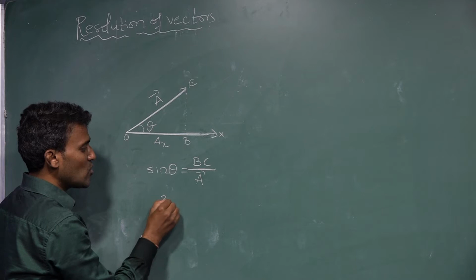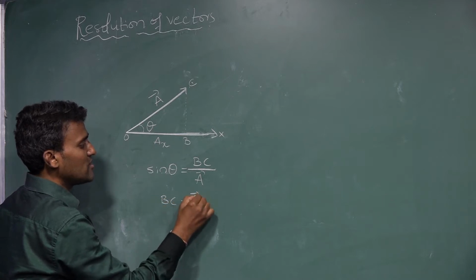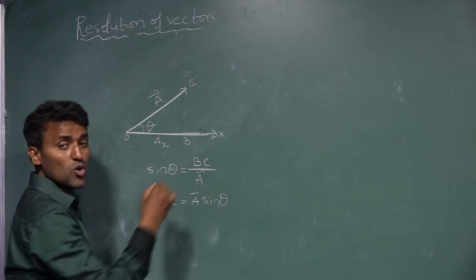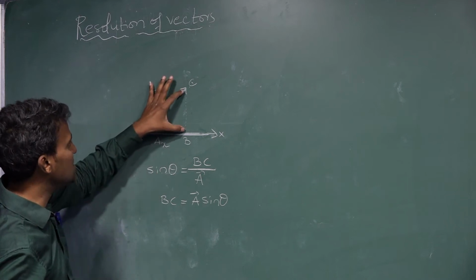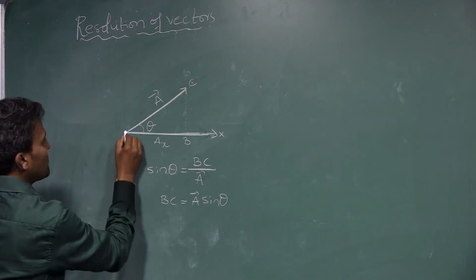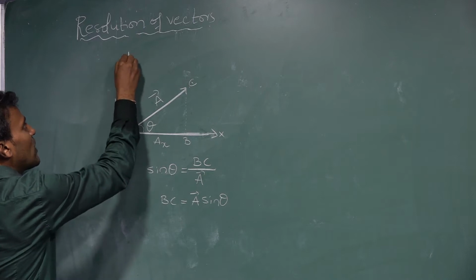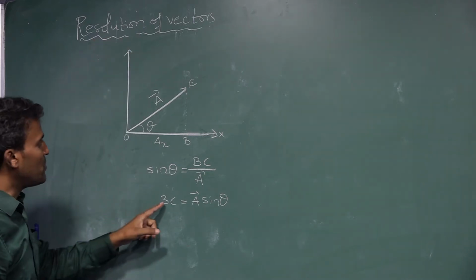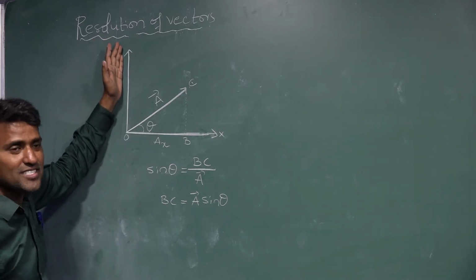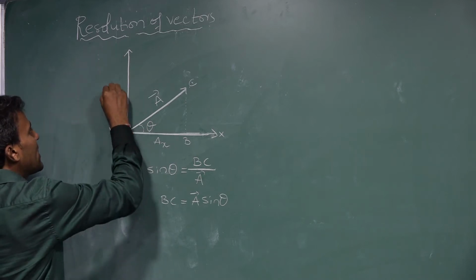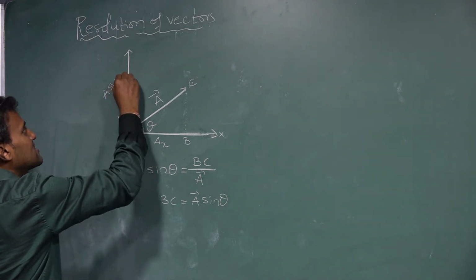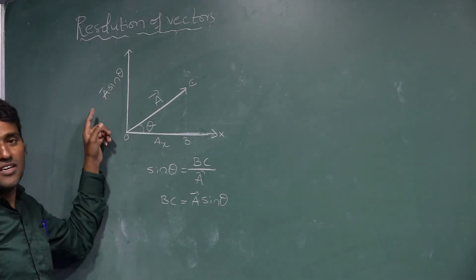Now BC is equal to A bar sin theta. This BC is parallel to the y-axis, isn't it? So BC is acting along the y-axis. So I am writing this is A sin theta.